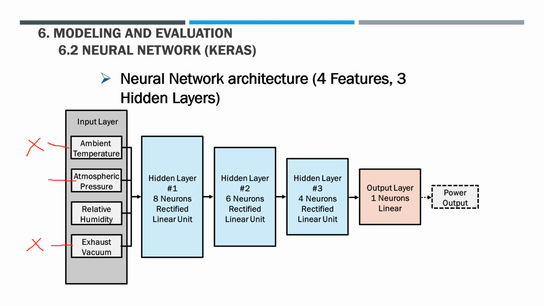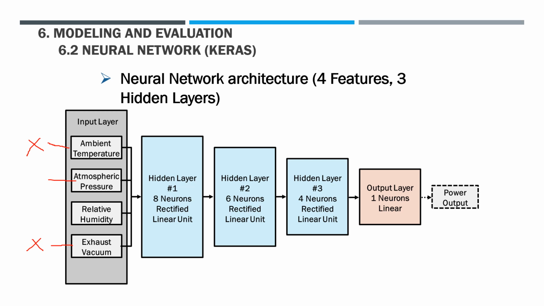First layer has 8 neurons, and it had rectified linear unit activation. This activation was chosen because it's just the beginning of the data analysis, and we are not sure whether linearity is there or how much linearity is there in the data.